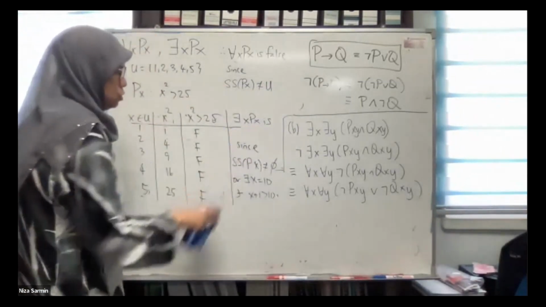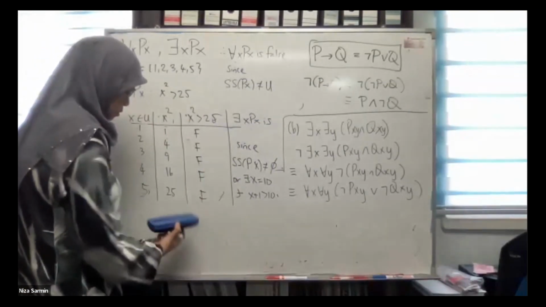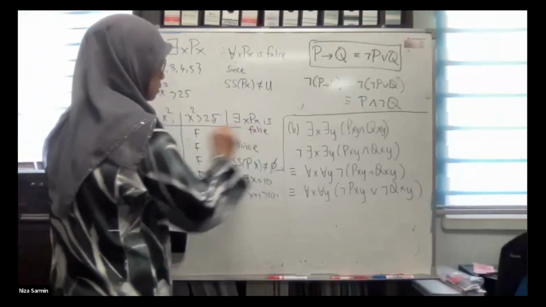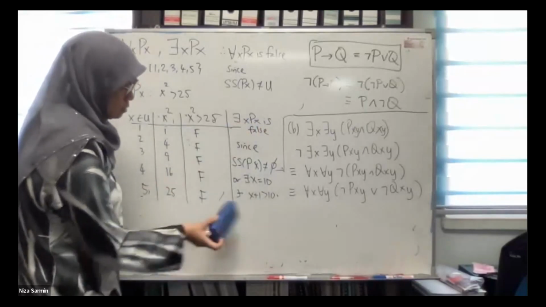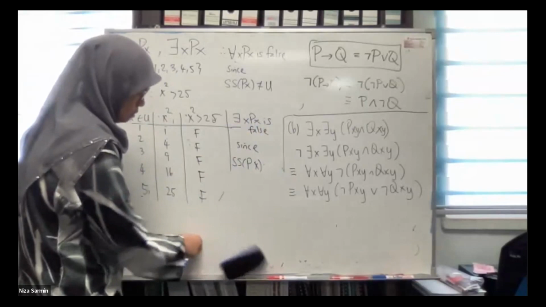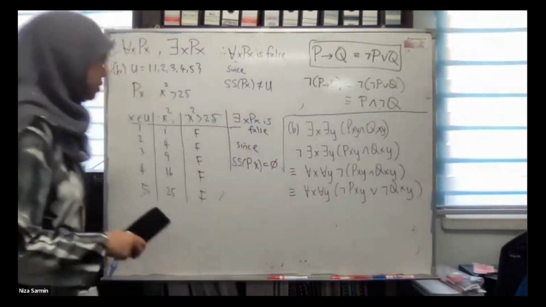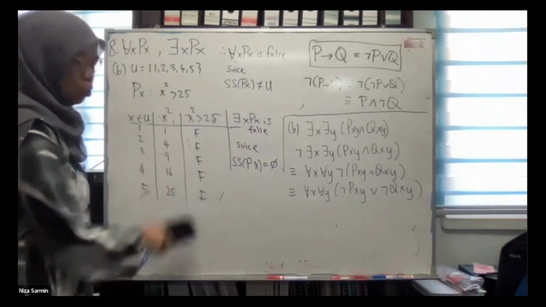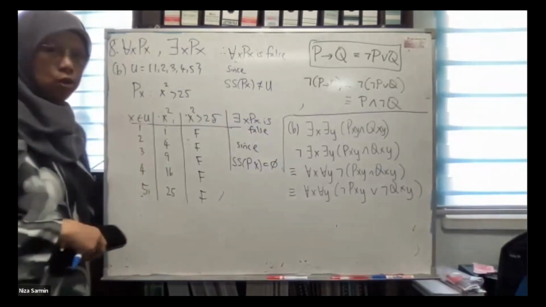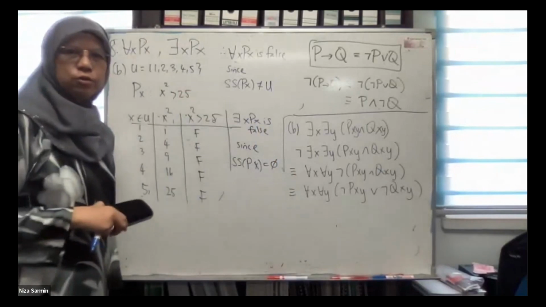And then this is also false, since this is empty. Because this is not true. Not true means the solution set is there is no X. It is empty. So both are false.